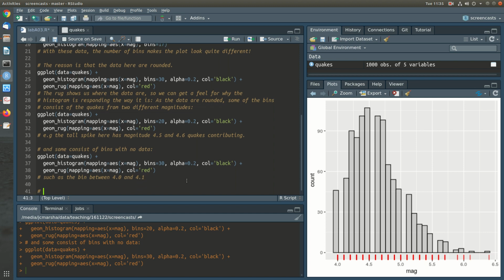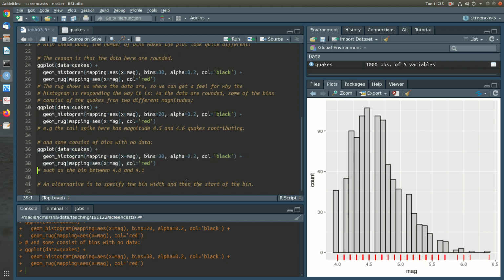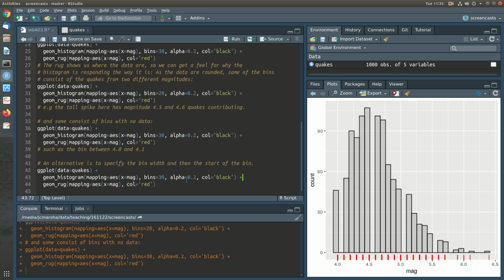So an alternative is to specify the bin width and then the start of the bin. Right, so because we know the data is rounded to every 0.1, what we could do when we create a histogram is we could say, instead of saying we want 30 bins and have the histogram work out where those bins should be, we could instead say that the bin width is, say, 0.2, right, so that we know that the bin will capture every second observation, and maybe have the boundary at 0.05, right, so 0.05 would be halfway in between, right?